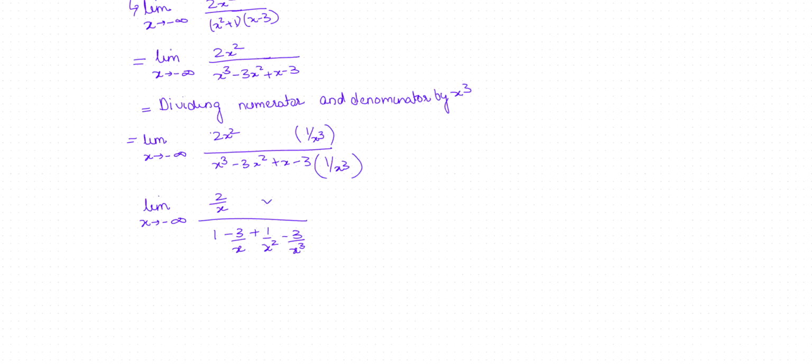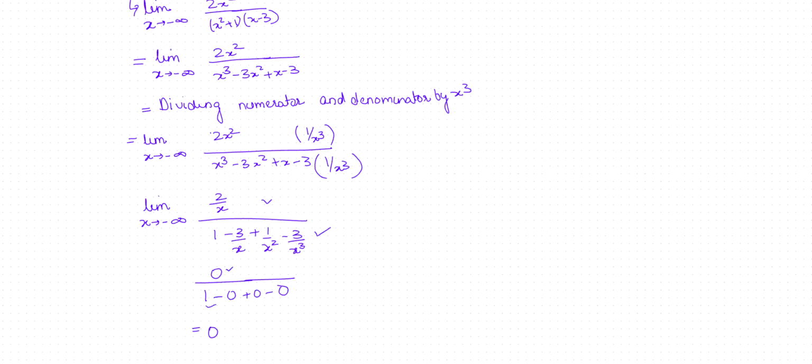Now we'll just substitute x as infinity. We know 2 over infinity, or any number over infinity, is 0. So as we put 2 over infinity as 0 here, we'll get 1.